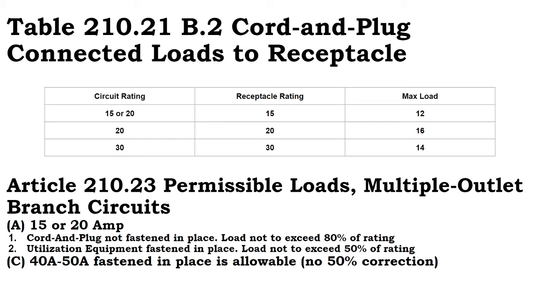So in general, there's less load on a branch circuit than what is on that breaker rating. So if you have a 20 amp circuit or a 20 amp breaker, the maximum load that you're actually allowed to have on that is less than 20 amps.